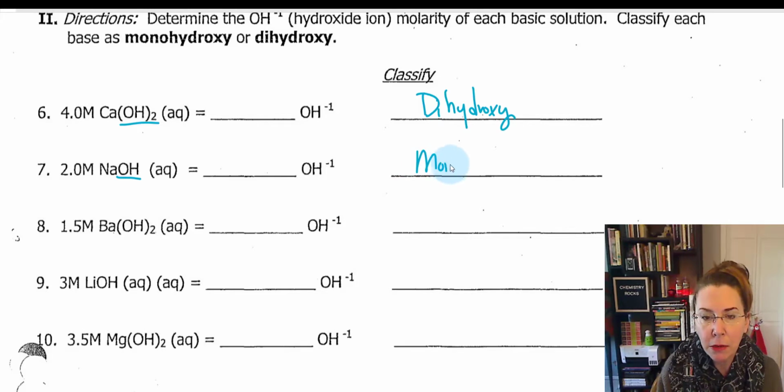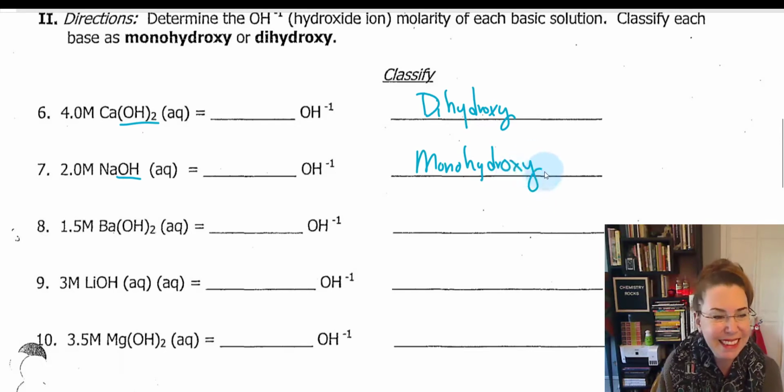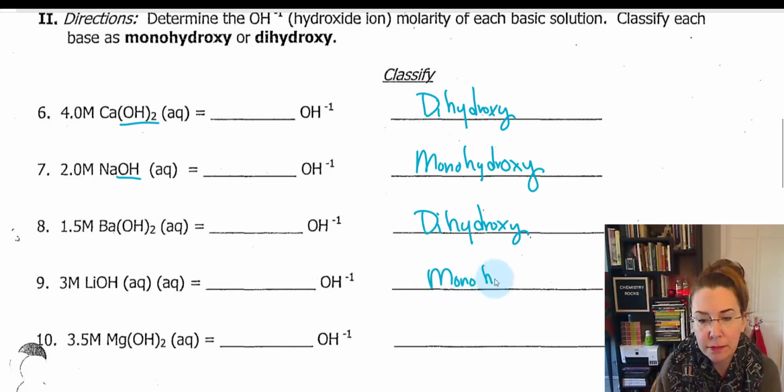This one's going to be mono. Our next one are barium hydroxide. They have 2, so that's dihydroxy. Sometimes it's called dibasic, just so you know. Next one, 1 hydroxide group. That one's going to be mono. And our last one, we have 2, so that's di.